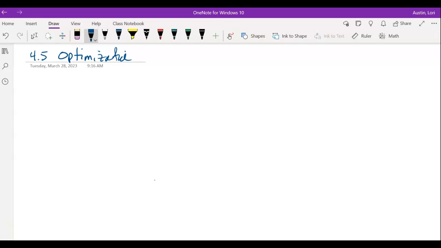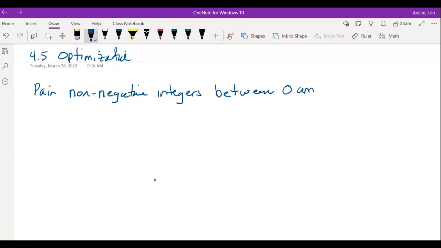I want you to think about a pair of non-negative integers between 0 and 20 such that their sum equals 20.